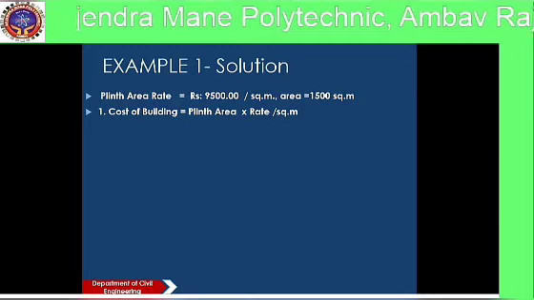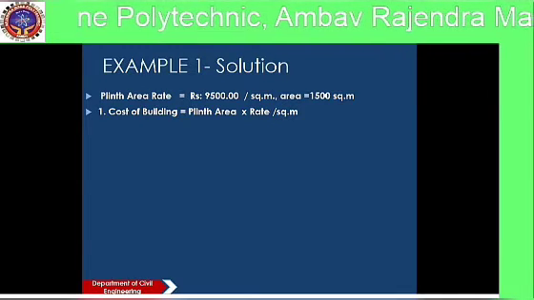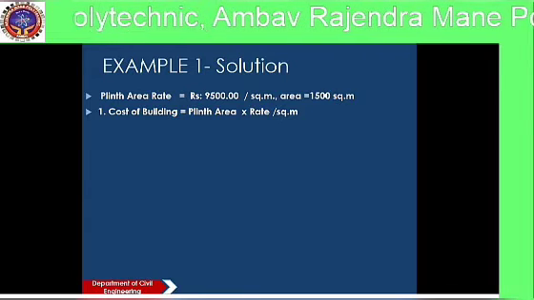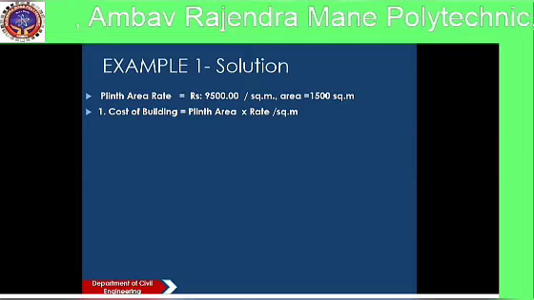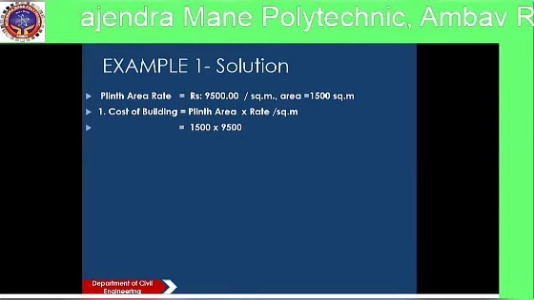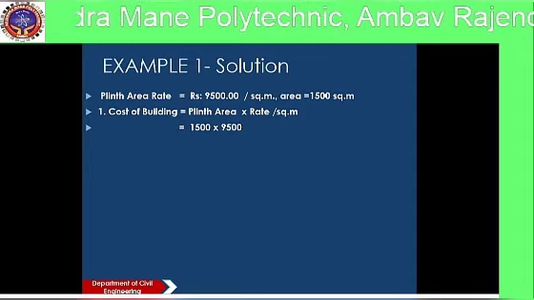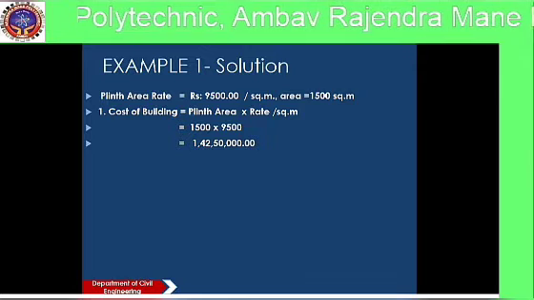So the cost of building is equal to plinth area into rate per square meter. So plinth area is here 1500, rate is 9500. So 1500 into 9500 is equal to cost of building, and is equal to 1 crore 42 lakh 50,000.